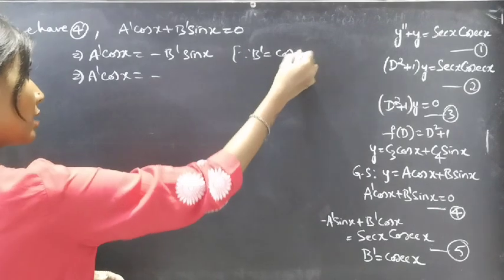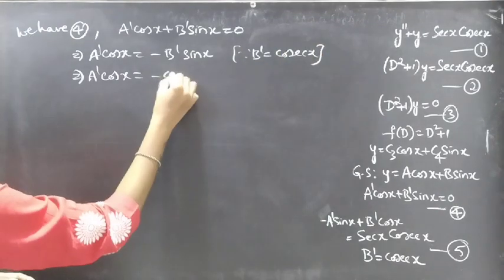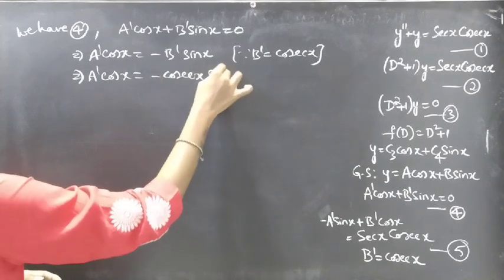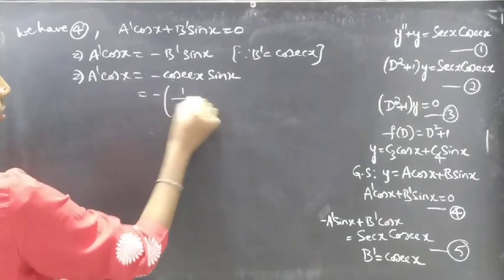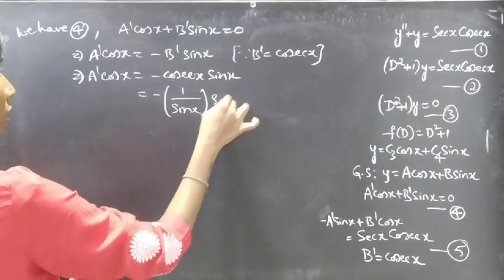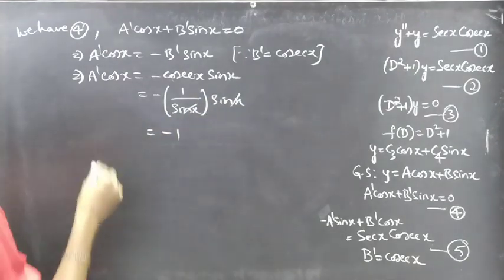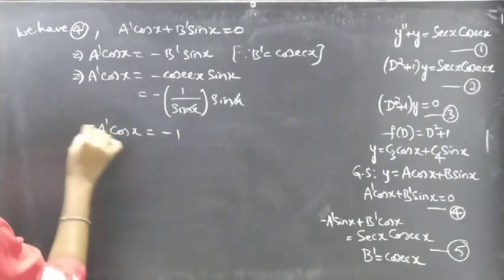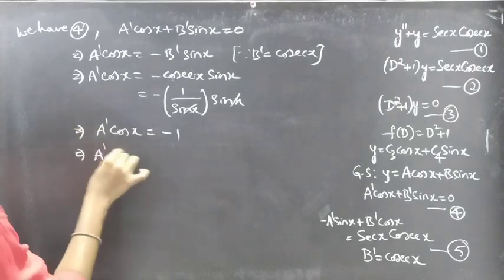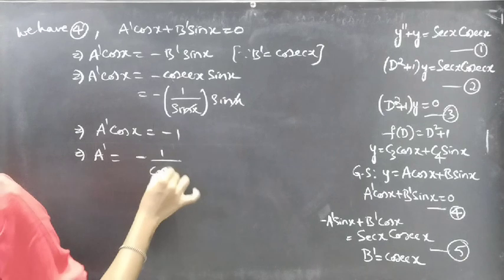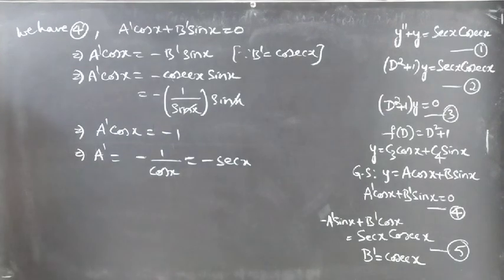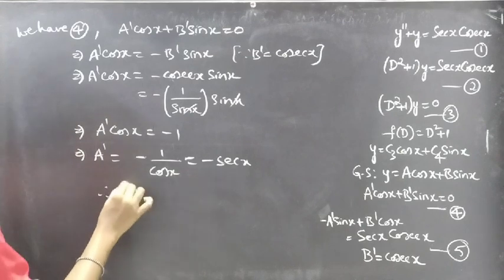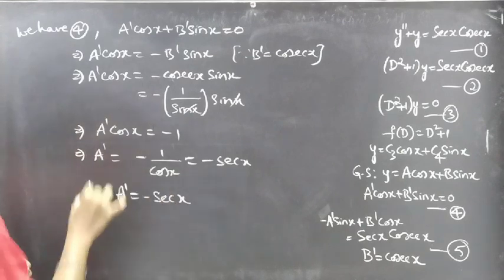Since b dash equals to cosecant x, this gives us minus cosecant x into sin x, right? We can write cosecant x as reciprocal of sin x. Now cancel sin x, we'll get minus 1, right? That is a dash cos x equals to minus sin x. Or we can write it as a dash equals to minus 1 by cos x, which gives us minus secant x, since reciprocal of cos x is secant x. Therefore, a dash equals to minus secant x.